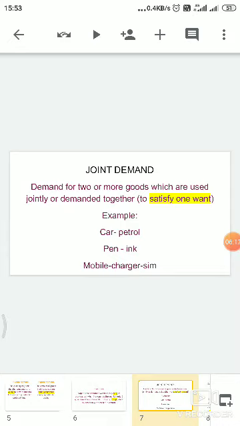This is an example of joint demand. Car and petrol, joint demand. Mobile, charger, and SIM. You need all these three for the mobile to work. This is an example of joint demand. And all these goods satisfy one want. So, joint demand refers to when 2 or more goods are used or demanded together.